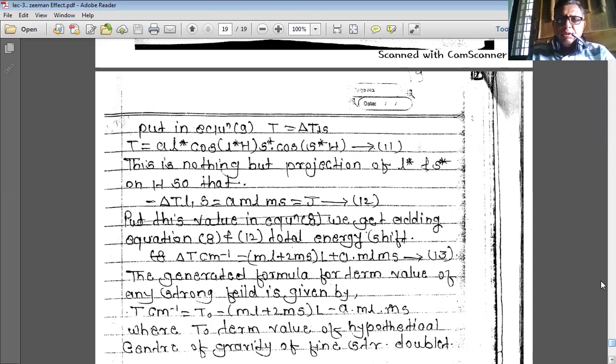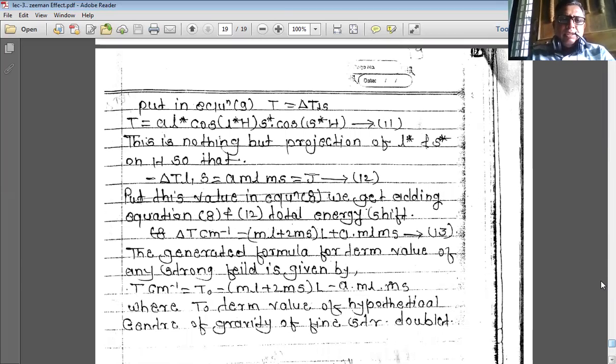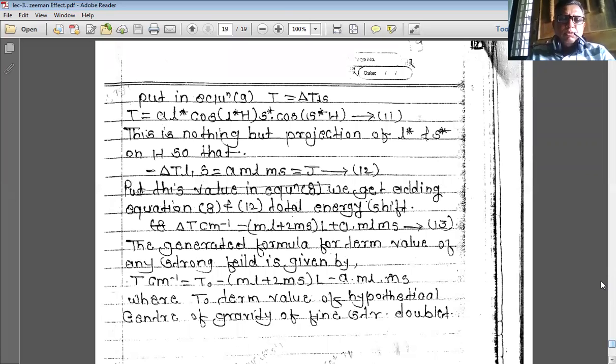The general formula for term value of any strong field is given by T into centimeter raised to minus 1 is equal to T0 origin minus into bracket T0 minus inner bracket ML plus 2MS L minus A ML into MS, where T0 is the term value of the theoretical center of gravity of the fine structure doublet.